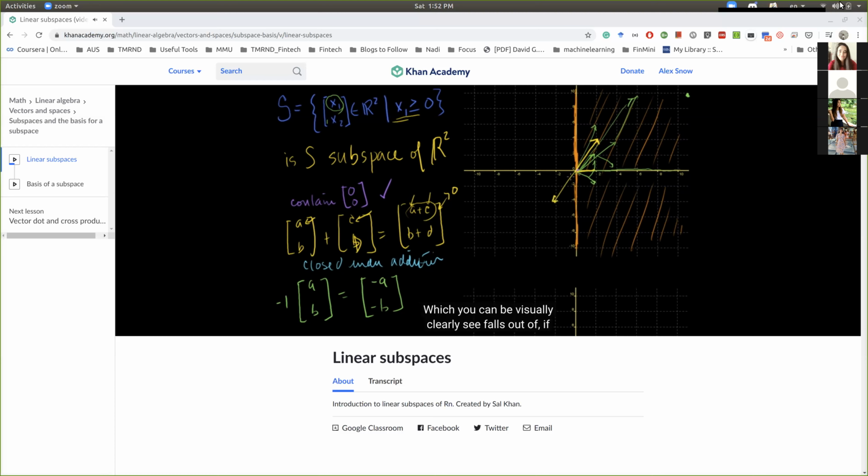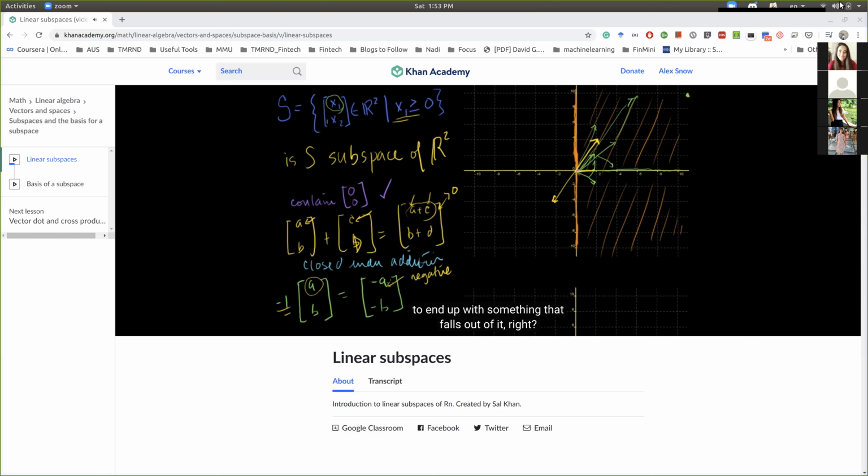Or if you just do it mathematically, clearly if this is positive, and let's say we assume this is positive and definitely not 0, then this is definitely going to be a negative number. So when we multiply by negative 1, for really any element of this that doesn't have a 0 there, you're going to end up with something that falls out of it, right? This is not a member of the set, because to be a member of the set, your first component had to be greater than 0. This first component is less than 0.